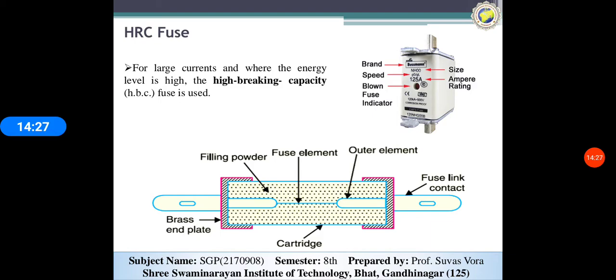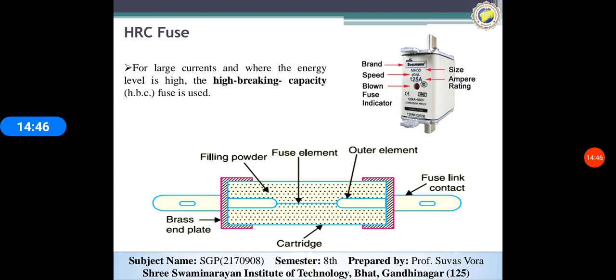You can see the figure of the first one. Both terminals are silver coated, and this is called the fuse link contact. This fuse link contact is connected with the bar and plates in this tube.